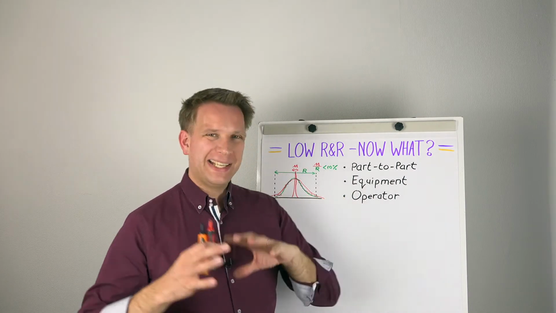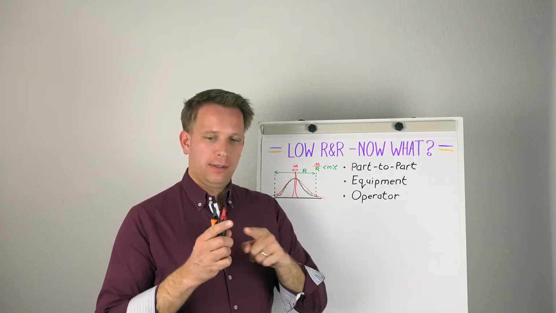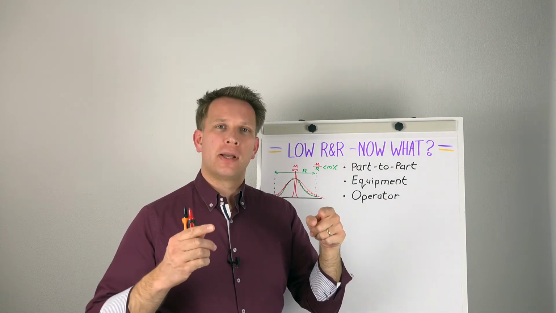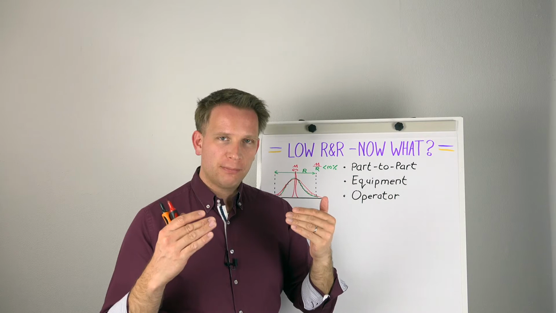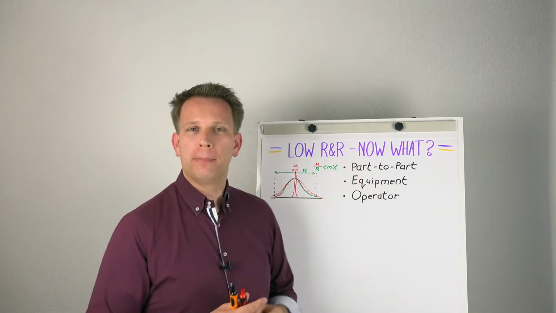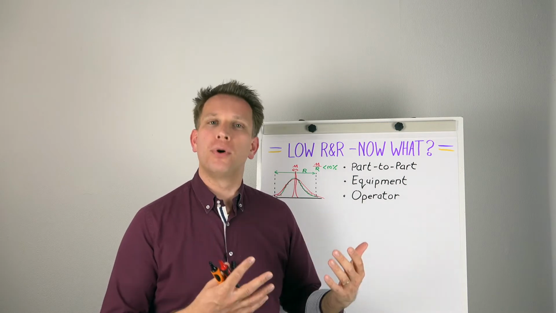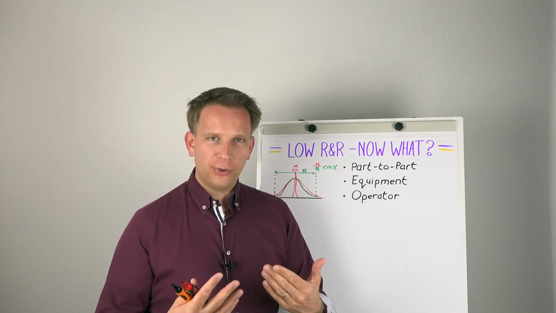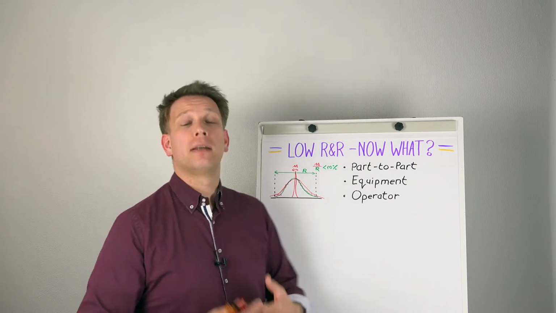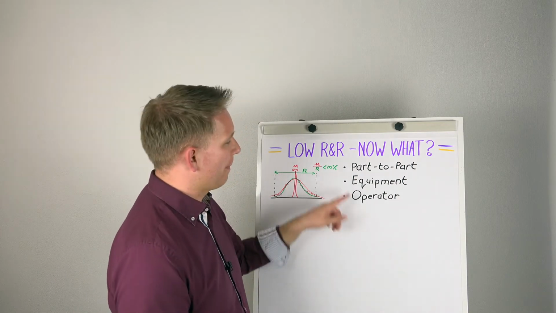But what we basically say is that when those 3 repeats show a lot of variation, then we call it equipment variance. It is not a repeatable system. So the result cannot easily be repeated on the same equipment by the same operator.